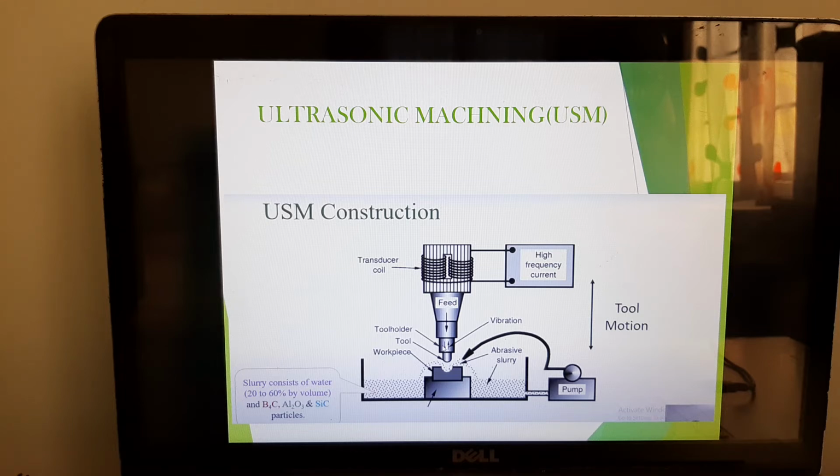So all this while we looked at solid abrasive particles like abrasive stones and abrasive powder. But now in ultrasonic machining, we are going to look at abrasive in the form of liquid. Here your abrasive slurry is made of a mixture of boron carbide, silicon carbide, and aluminum oxide.